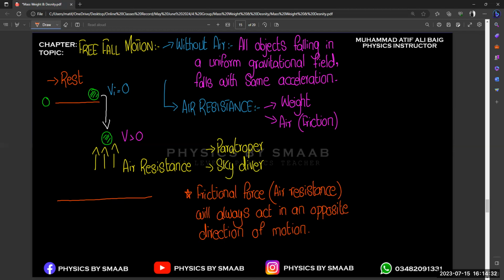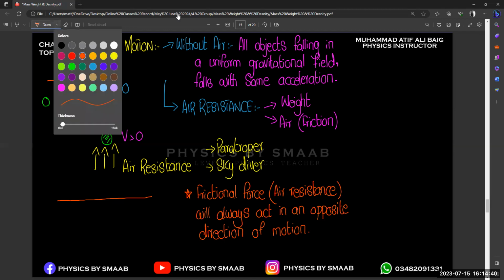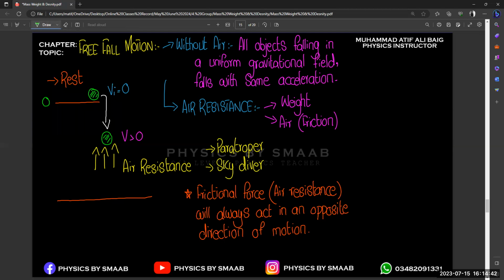But the problem is that we need to study the concept of terminal velocity, right? The term terminal velocity is not a new concept. It's just a point where the speed or velocity of an object becomes constant during free fall motion.